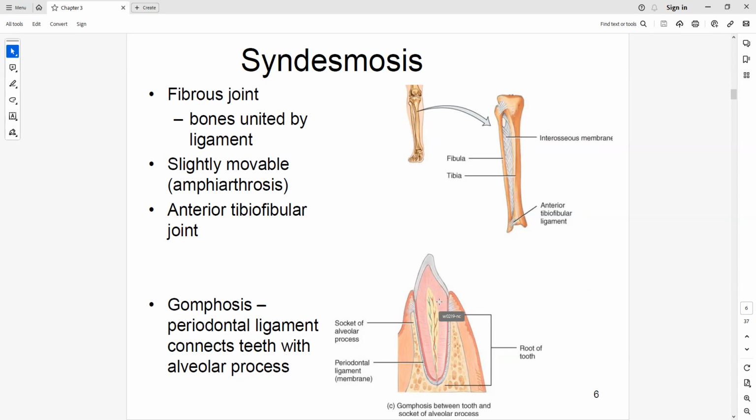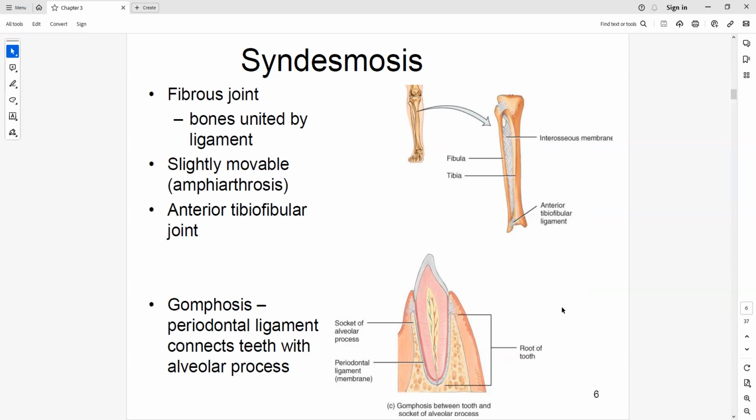And this totally different material, dentin, which forms the body of the tooth, is held solidly in the alveolar process by a thin layer of connective tissue. This is called the periodontal ligament. So this is this thin line in between the tooth and the alveolar process.